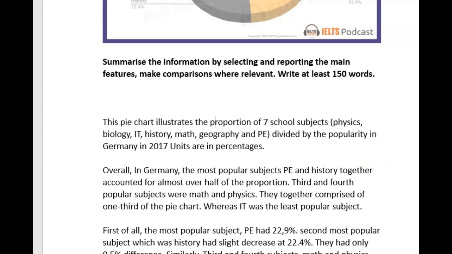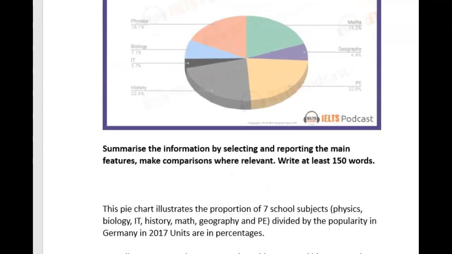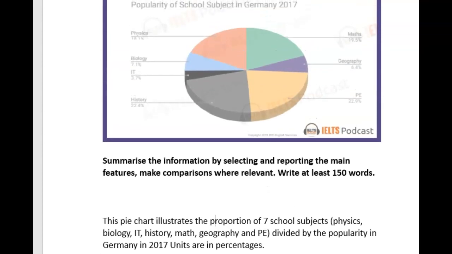So what you could have said here, there are a handful of things you could have said. Let me give you some suggestions for what an overview on this would have been. So overall, PE had the highest proportion, whereas IT had the least. Overall, PE and history accounted for the 2 most popular subjects.